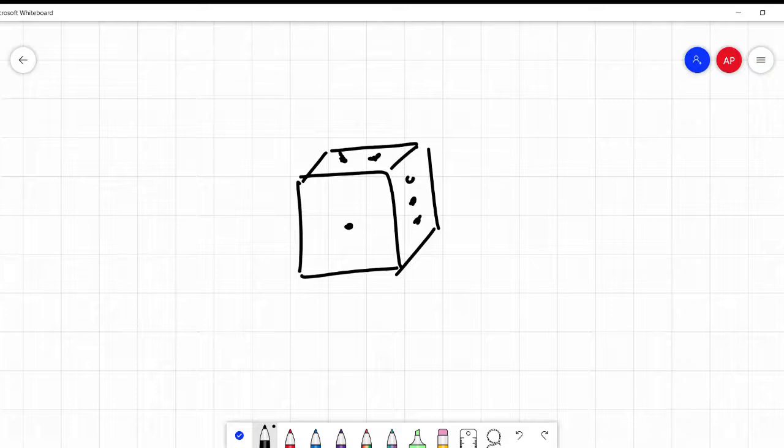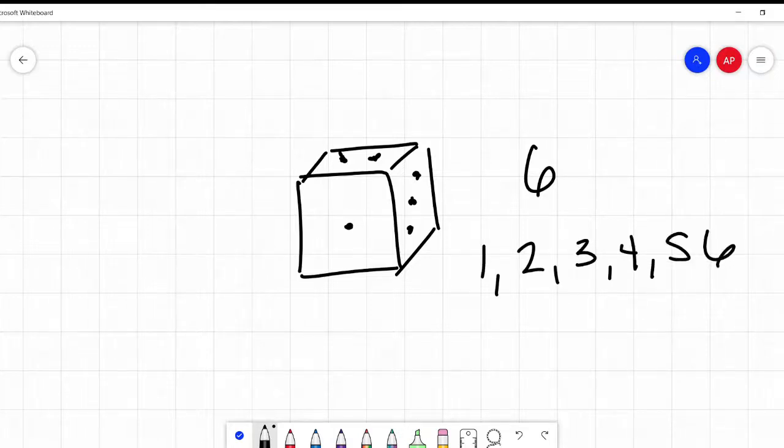Oh, they're diagonal, aren't they? They are. 1, 2, 3. Anyway, this is a visual for a die. A die has 6 sides, and the numbers on it are 1, 2, 3, 4, 5, 6.